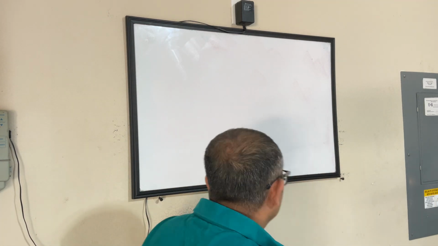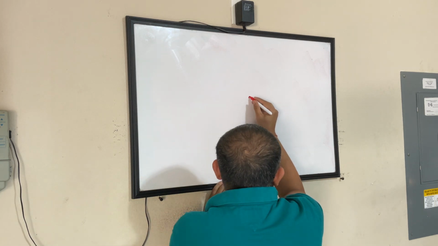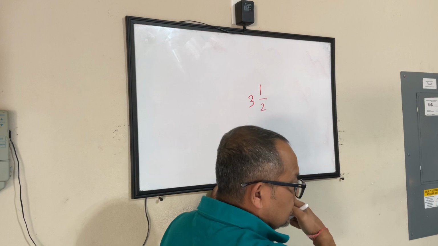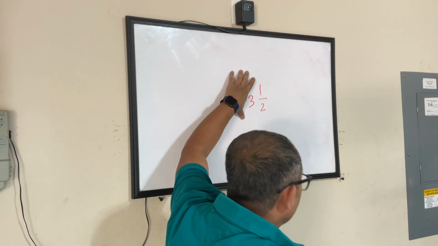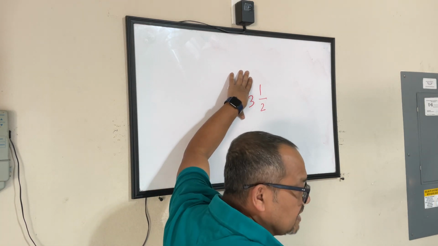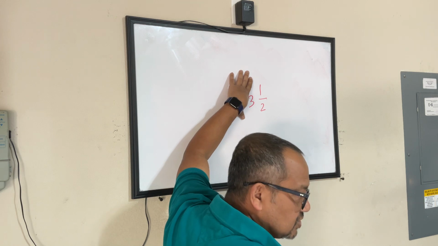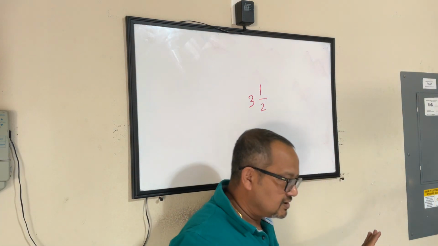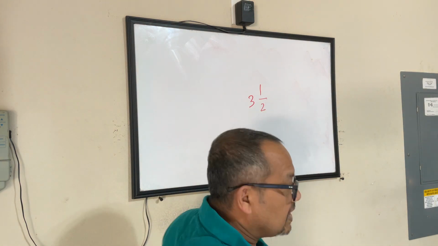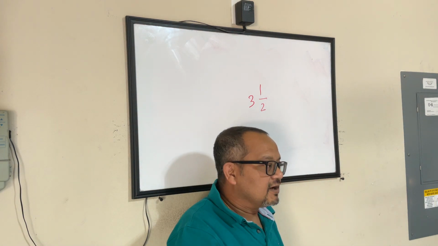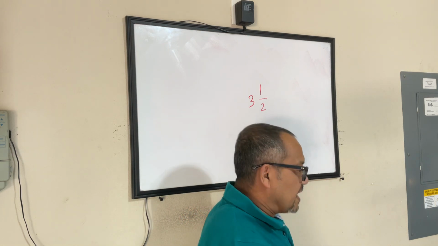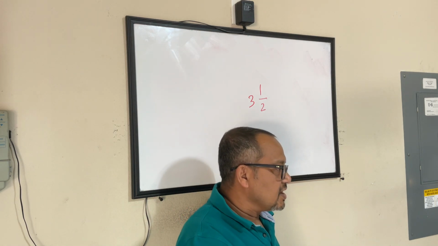Let's say I have a mixed number, a full number here and a fraction here. Clear? Now, Sohina gave me a good clue. She said this is called MAD.